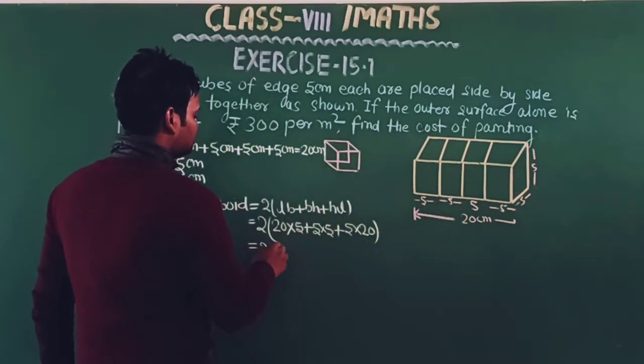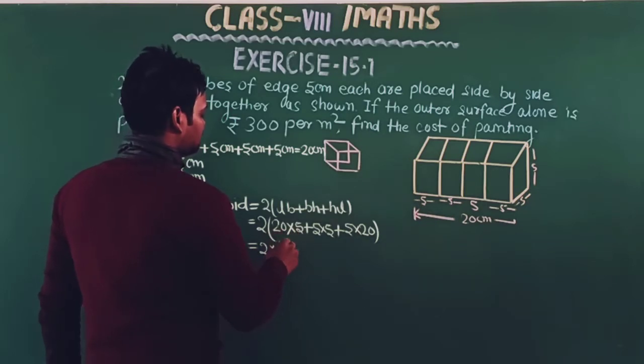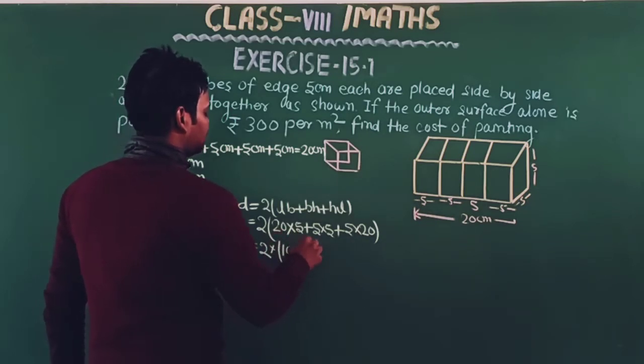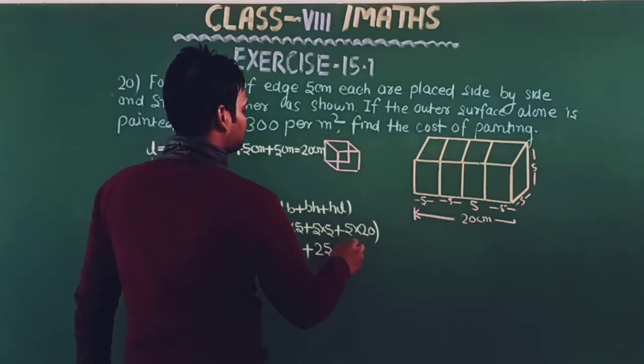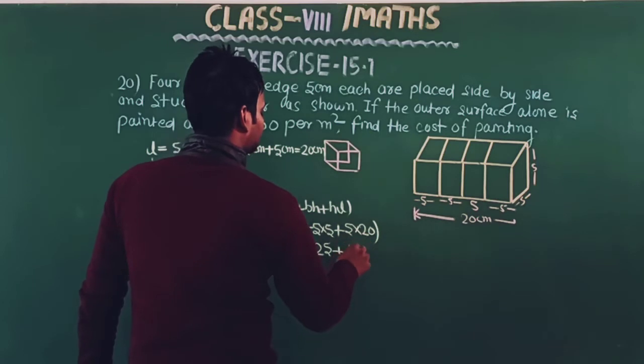So this is 2 into, 20 into 5 is 100, 5 into 5 is 25, plus 5 into 20 is 100.